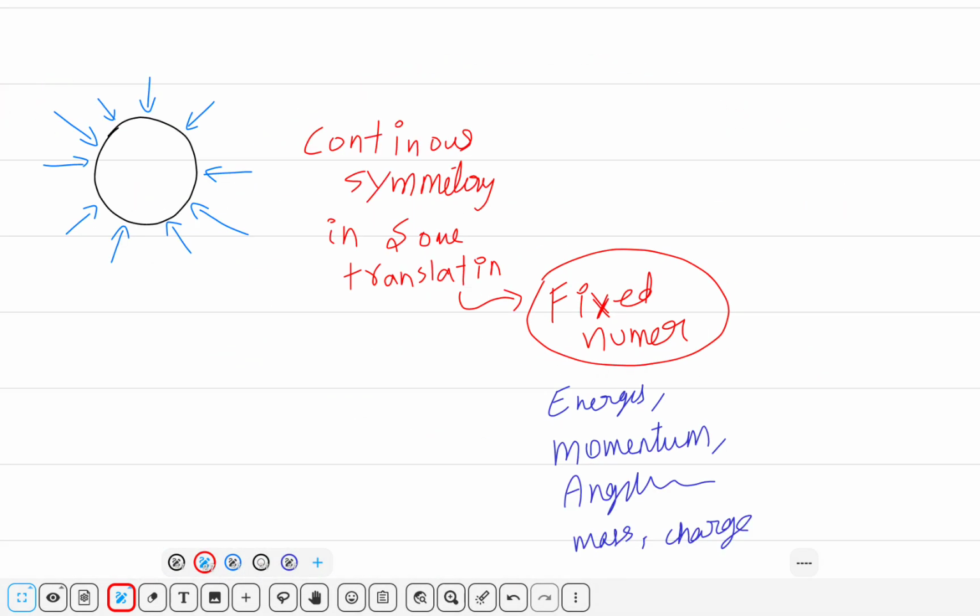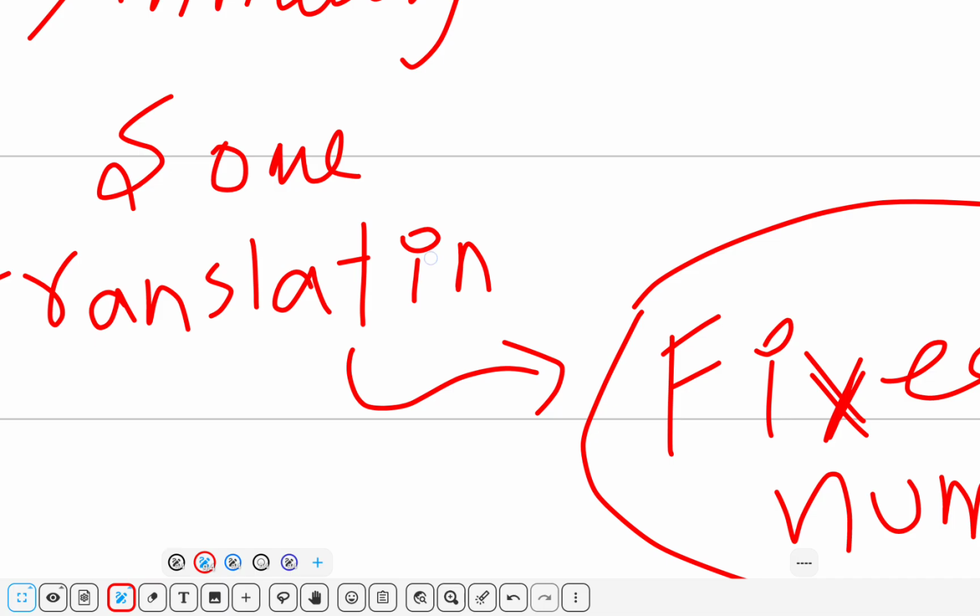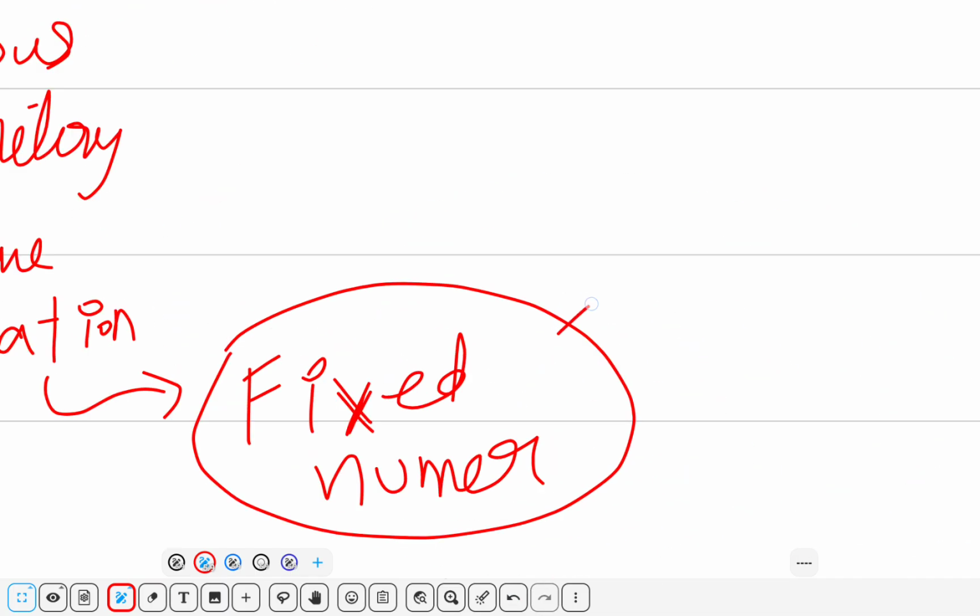So, if you have a symmetry in some translation, then you get a fixed number because of the translation symmetry, and that fixed number we call a conserved quantity.